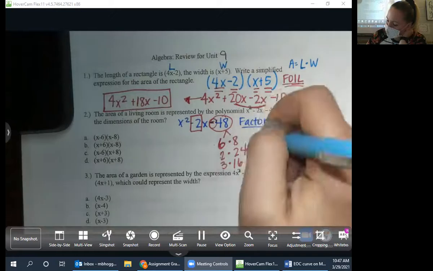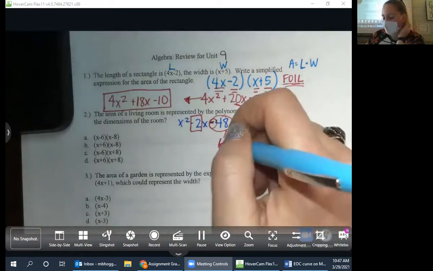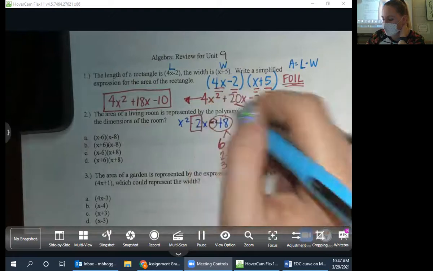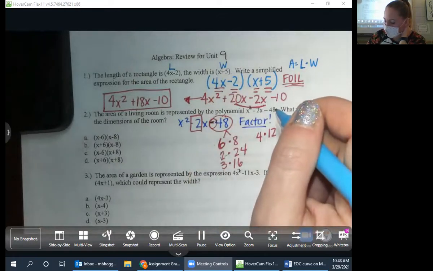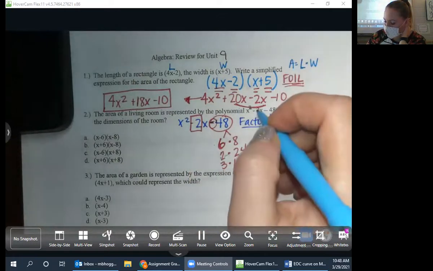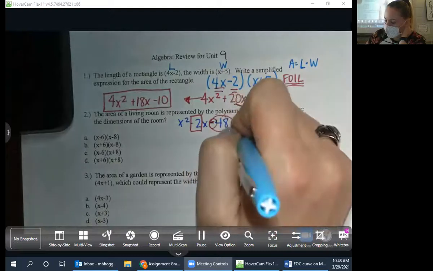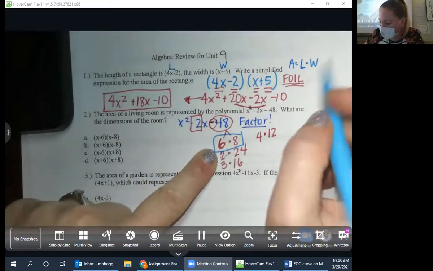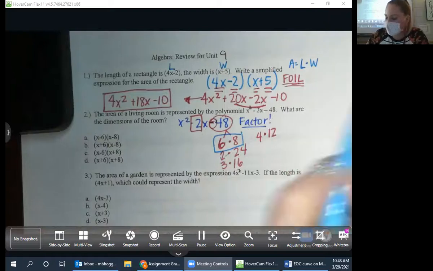Do you see any of these factor pairs that we can manipulate to make one number negative so that when they add together they would equal a negative 2? Chandler said the 6 and 8.